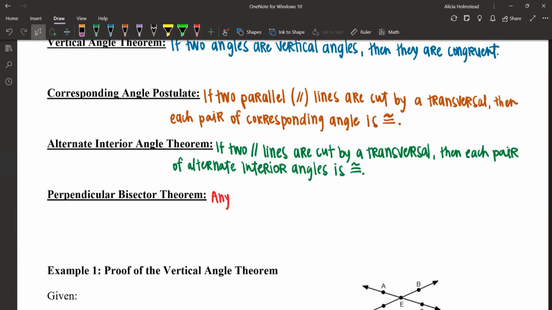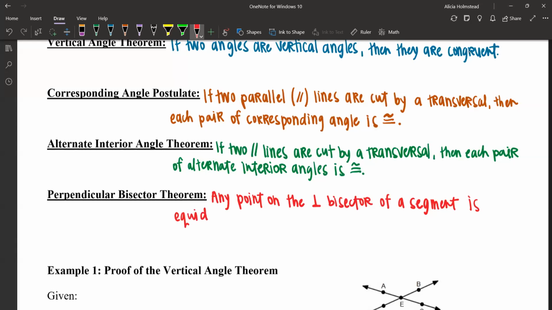And this states that any point on the perpendicular bisector of a segment is equidistant from the endpoints of the segment.